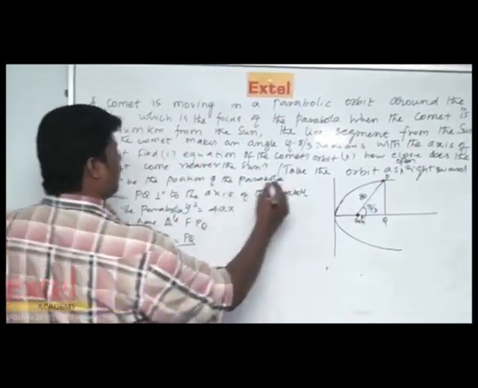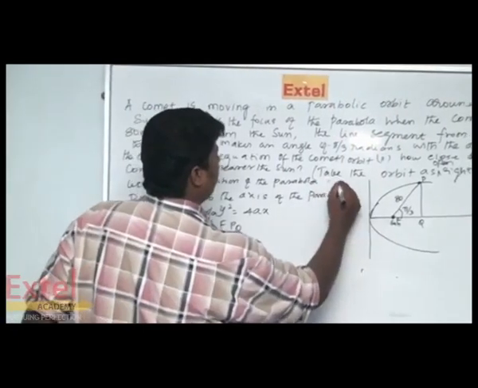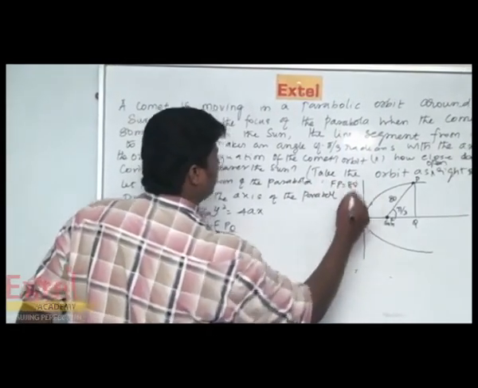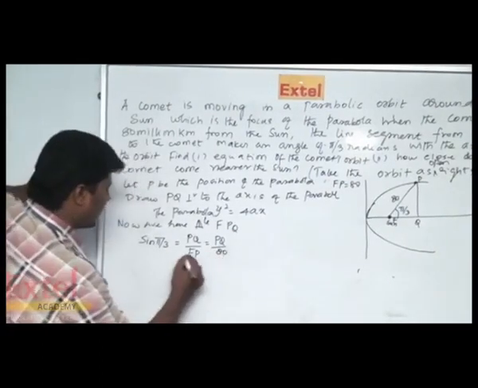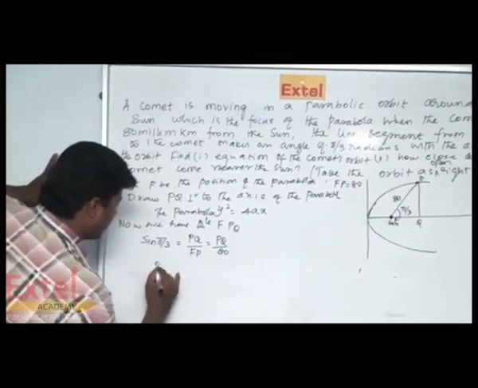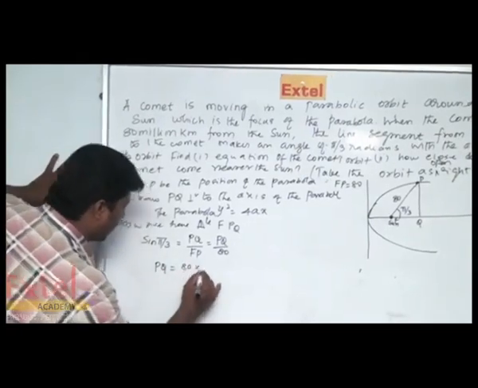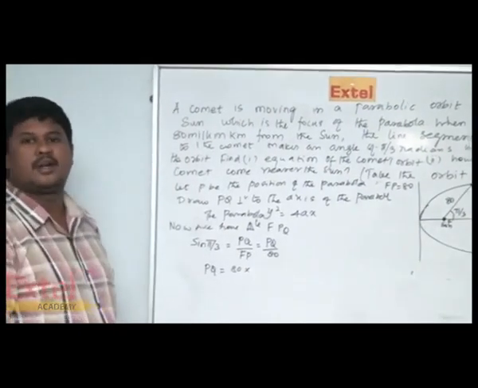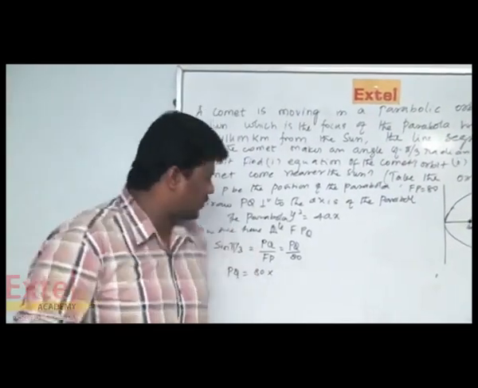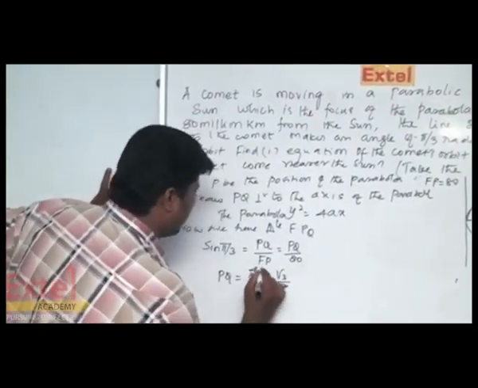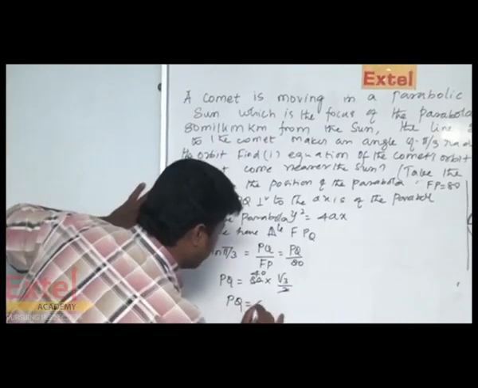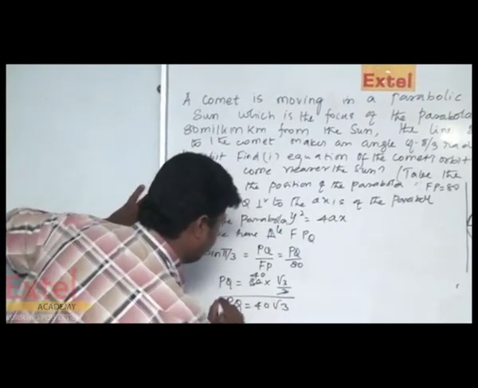So PQ equals 80 multiplied by sin pi/3. Sin 60 degrees is √3/2, so it goes to 40. Therefore your PQ is equal to 40√3.